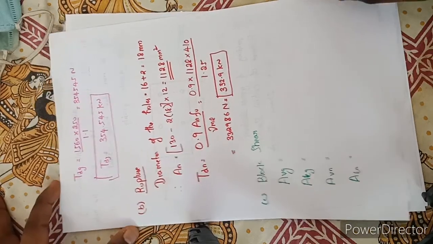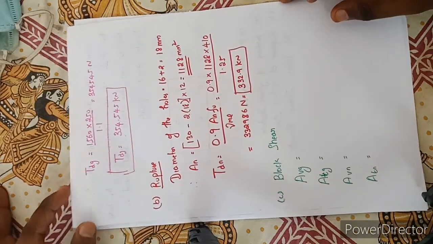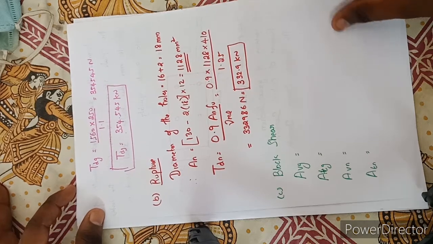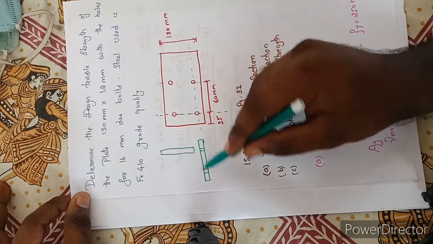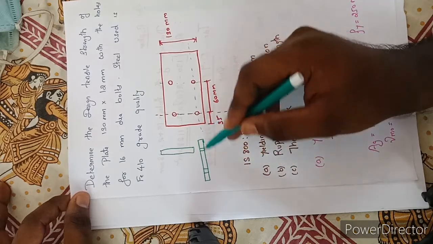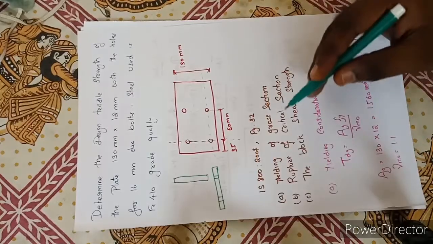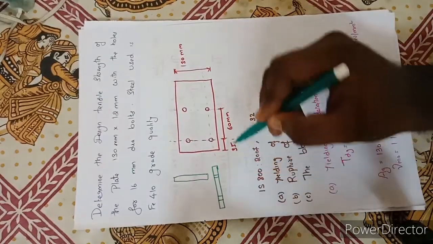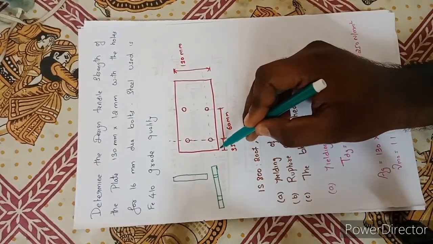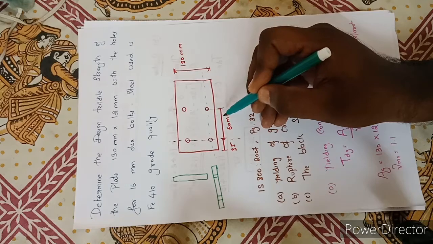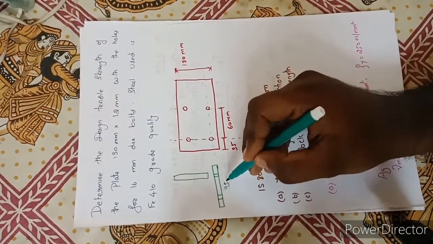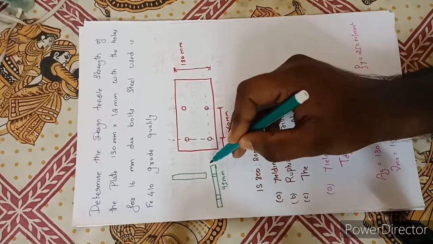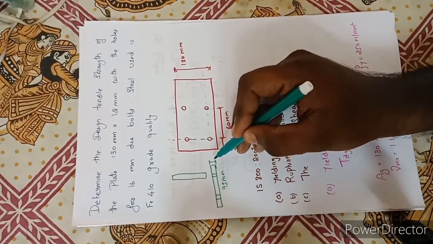Coming back to this, I have to calculate Avg, which is the gross area along the shear plane. V means shear plane. So I have to find this rectangular part area. The rectangular part length will be this 35 plus 60, so it will be 95 mm, and this will be the thickness of the plate.